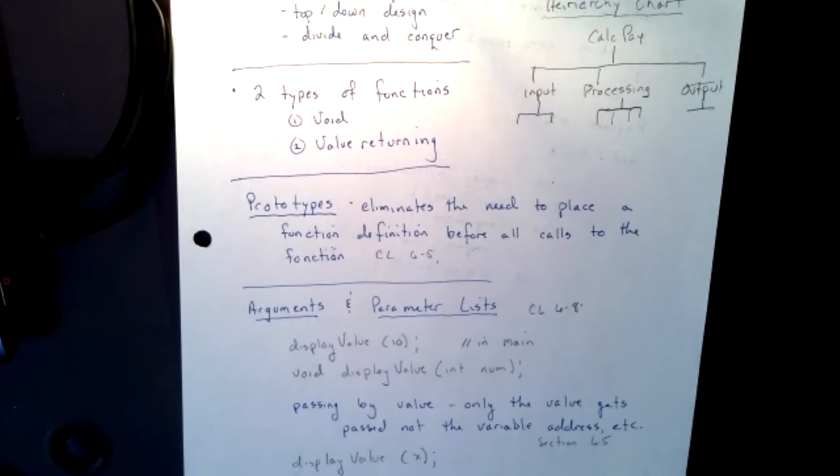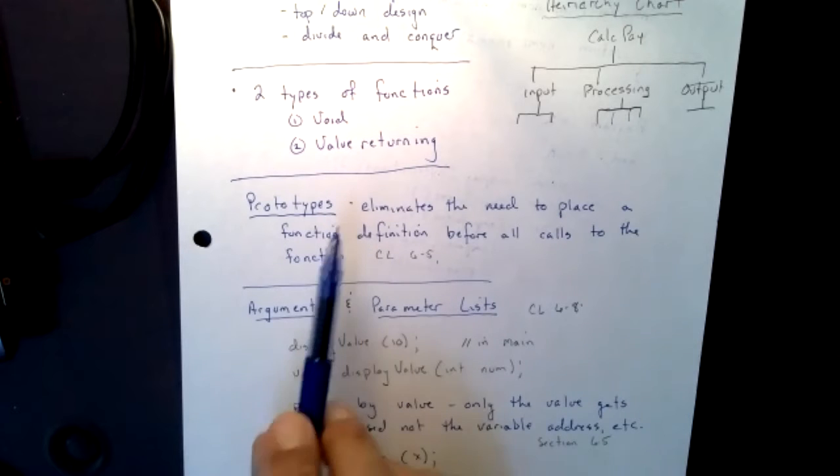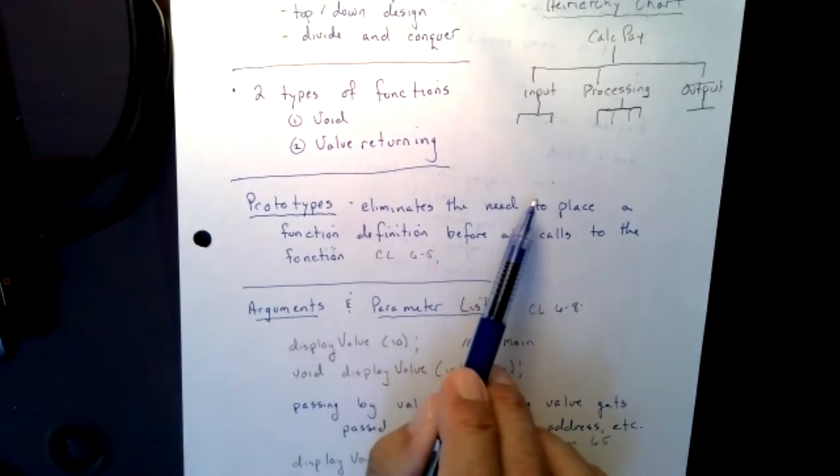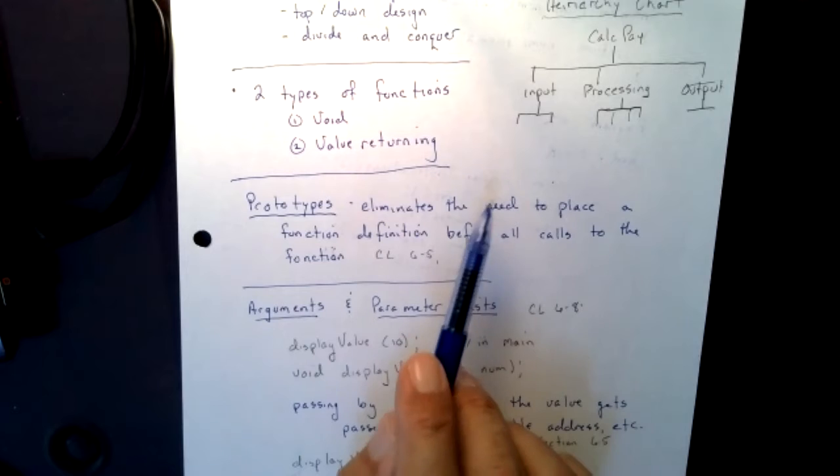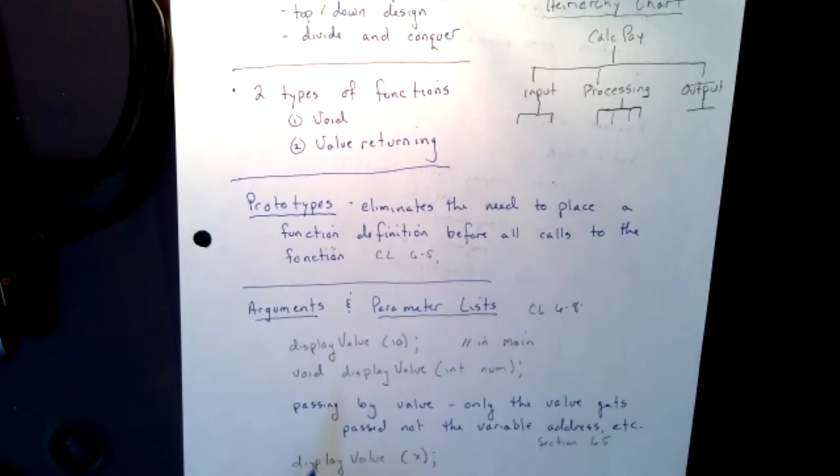And the prototype is a way to say, these are the functions that I'm going to define after the main. Okay? Instead of putting all that blah, blah, blah in the main, we're going to say, by use of a prototype, what's coming up. We do the main, and then we have the functions afterwards.